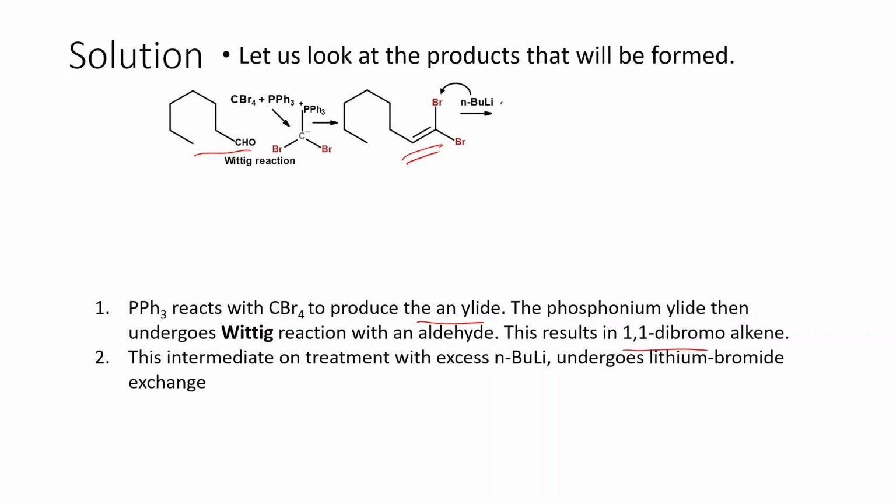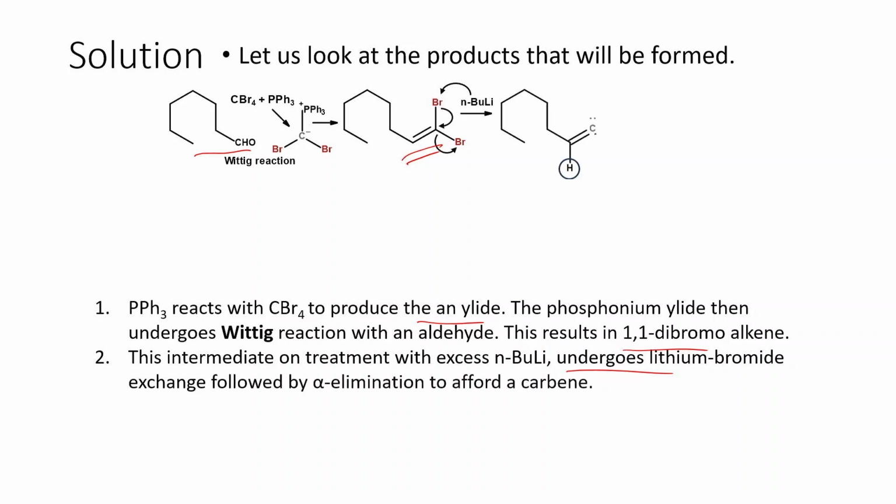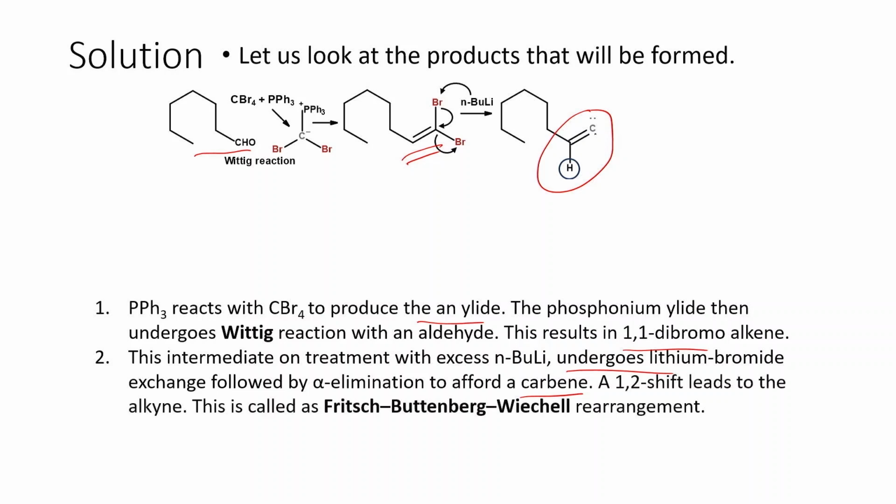And this on treatment with n-butyl lithium, the first step is the lithium bromide exchange, which is followed by the alpha elimination to afford a carbene intermediate. So this carbene intermediate as shown here is the one which will be formed, which is quite unstable, which immediately undergoes a 1,2 shift, that is the hydride ion is shifted, and we end up with an alkyne derivative.